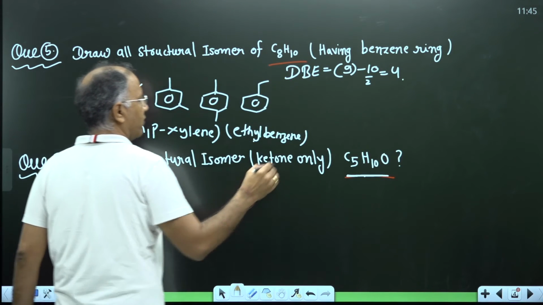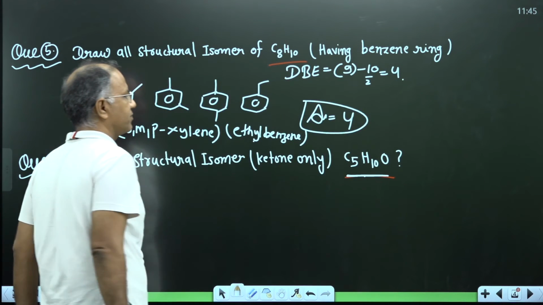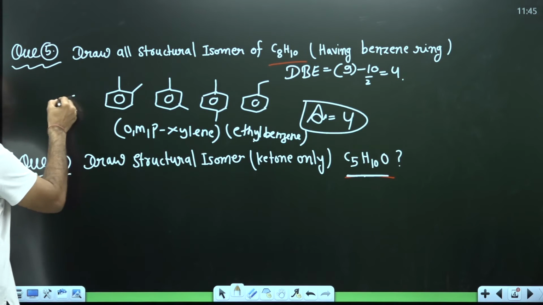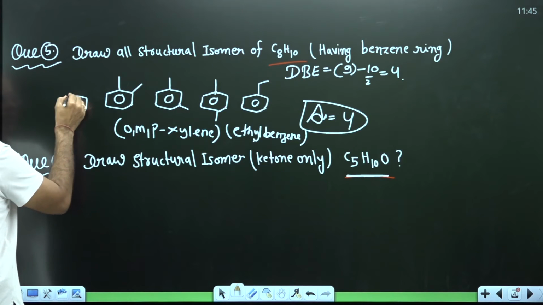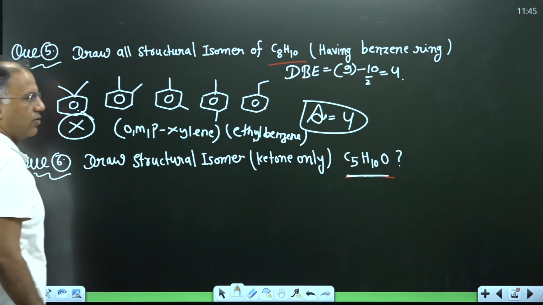This means the answer is 4. And we cannot draw both methyls on the same carbon because carbon would become pentavalent. The answer will be 4.